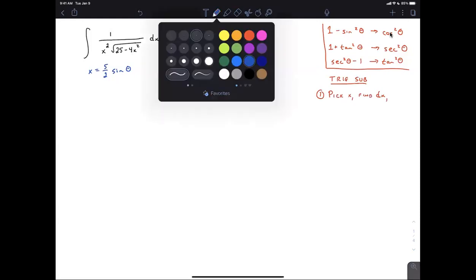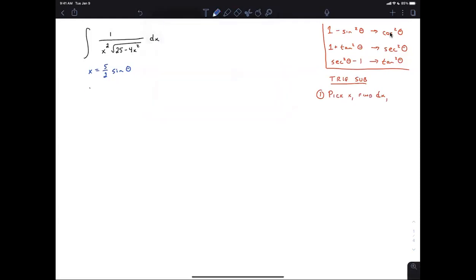So given that x is 5/2 sine theta, dx is going to be the derivative of that times d theta. So we get 5/2 cosine theta d theta. So dx is the derivative of whatever x was times d theta. Does that make sense to everybody? Any questions?